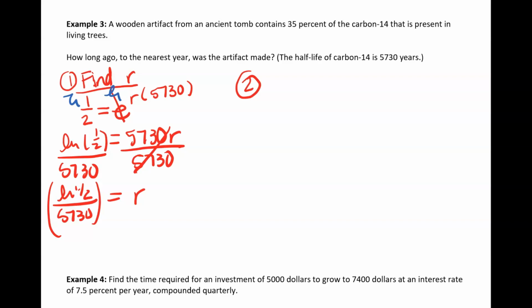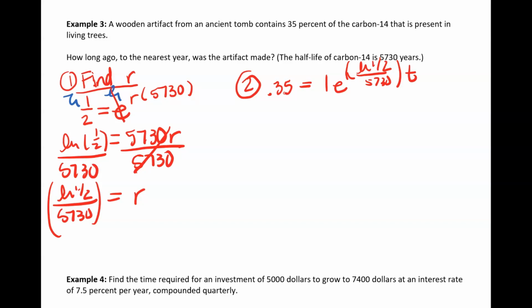If we had an initial amount of 100%, that would be 1. So 1 times e to the rate of ln of 1/2 over 5,730 times t would be equal to 35% or 0.35. If I consider those percents to be decimals, I can create this without having to know that initial value.